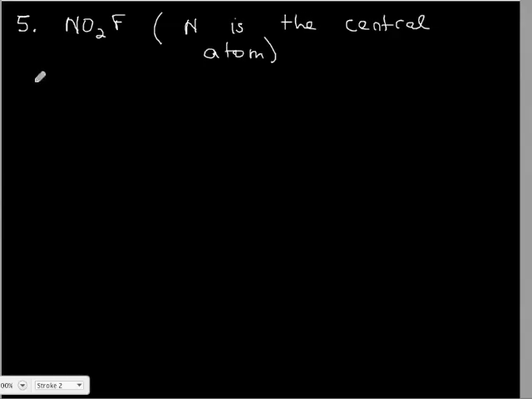If you remember the question, it was NO2F, and you were told that the nitrogen is the central atom. So nitrogen will contribute 5 electrons, 2 oxygens will contribute 12 electrons altogether. Fluorine will contribute 7, and we have 24 electrons altogether.